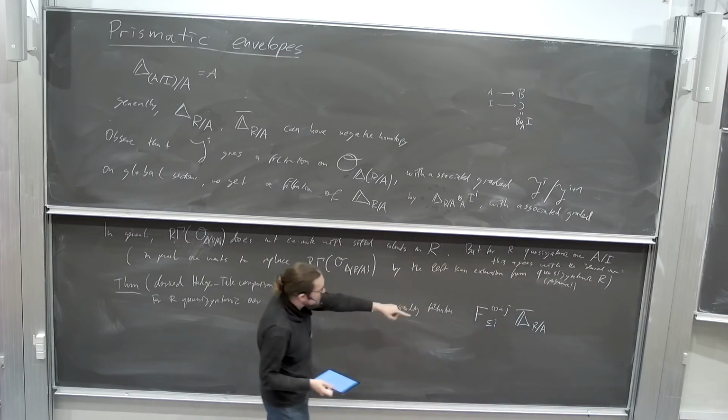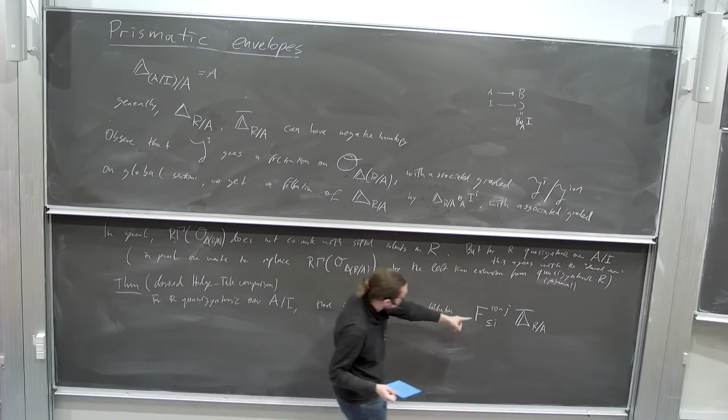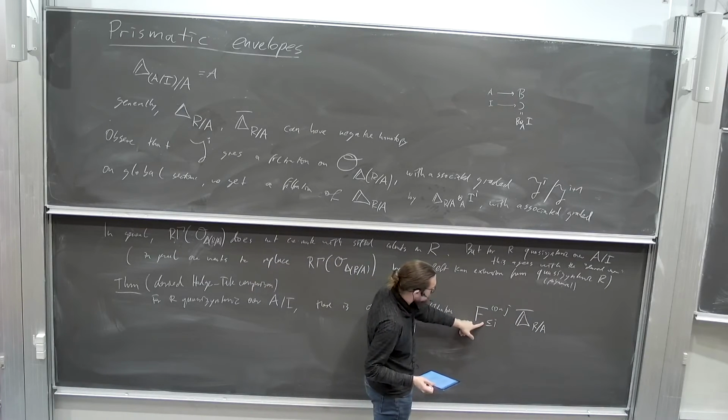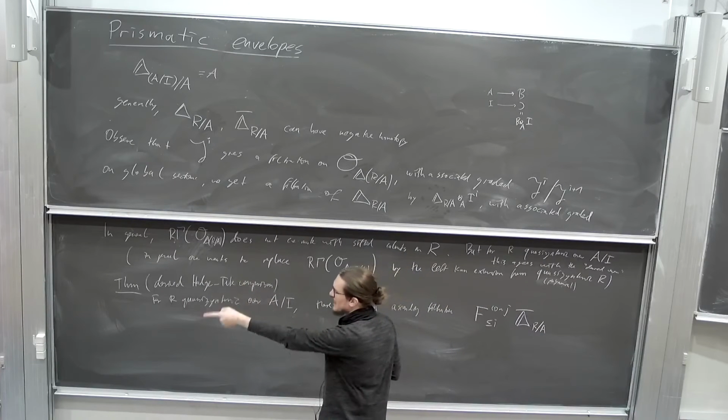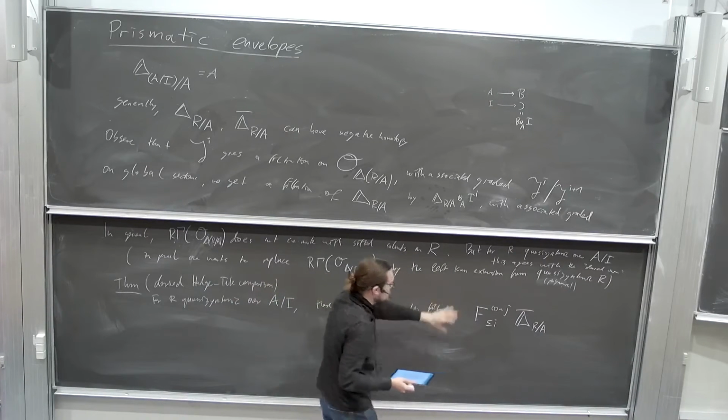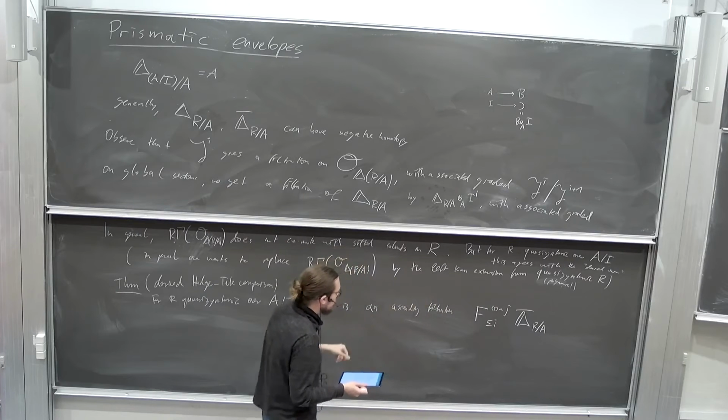It's ascending rather than descending because F smaller or equal to i corresponds to tau bigger or equal to minus i. This is somehow flipping the indexing around.